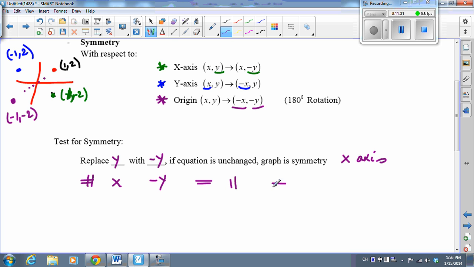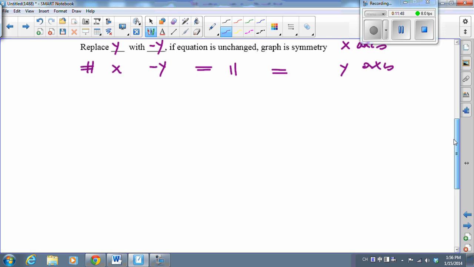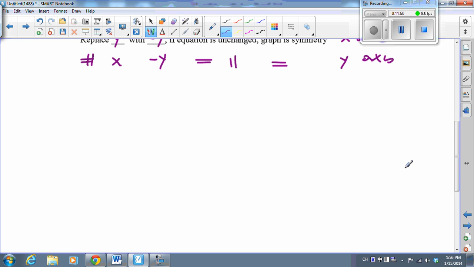If this remains the same, that will be for the y-axis. And if you replace x by -x and y by -y and the graph remains unchanged, then that's symmetry over the origin. I will do one simple example with y'all.